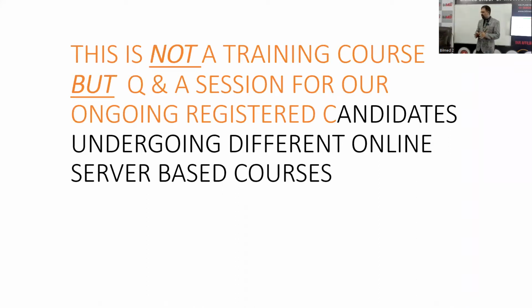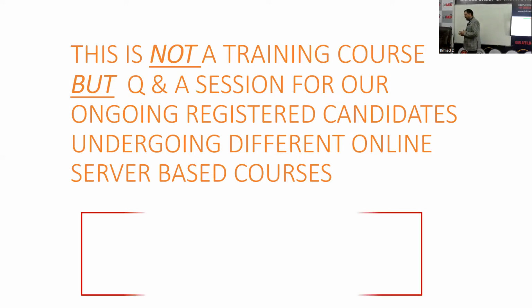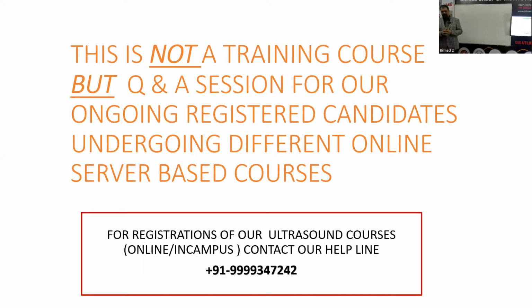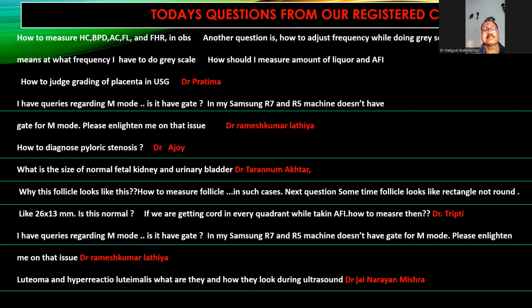I will display the questions also. We will be taking the questions from that list, which is posted by our registered candidates. Now you can see on the screen, first, Dr. Pratima is posting how to measure the biparietal diameter, how to measure the AC, FL, fetal heart rate.